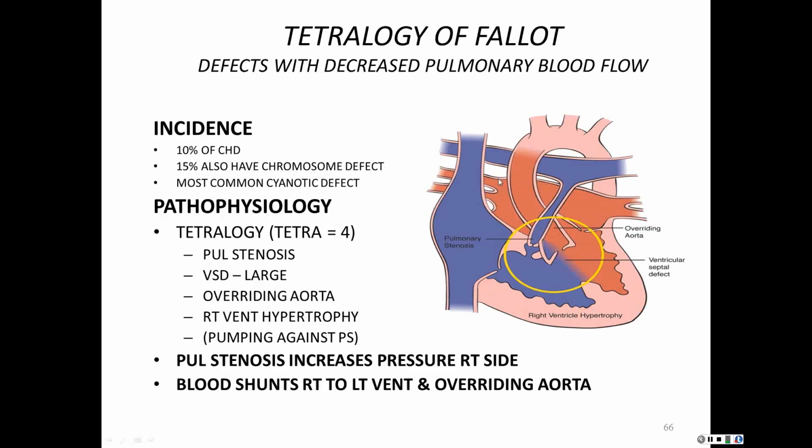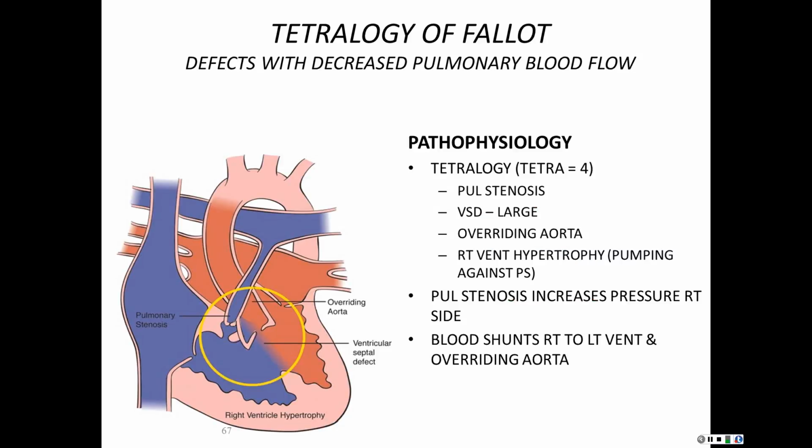The degree of pulmonary stenosis dictates the timing of surgery and the pre-op management of these children. We talk about this being a right to left shunt, so unoxygenated blood is moving from the right side of the heart to the left side of the heart. That's a problem as we put mixed oxygenation of the blood out into the systemic circulation.